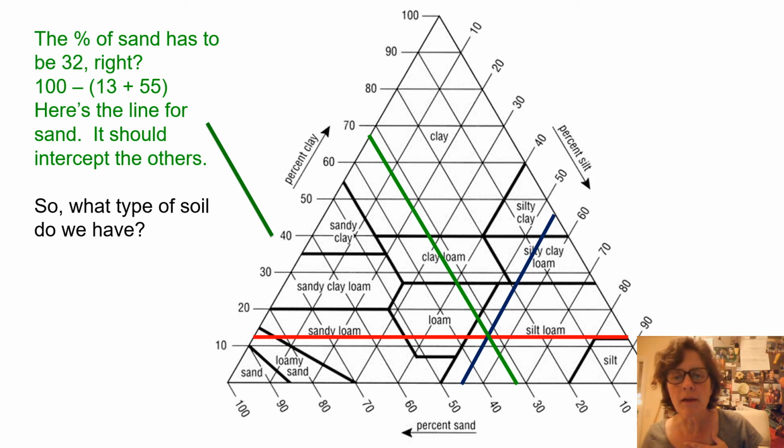So at the 32 line, this is the green line here, you would draw that line intercepting the sand line at 32. And where all these meet is the type of soil you have. So you can see that your soil would be classified as silty loam or silt loam.